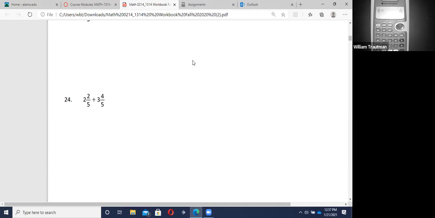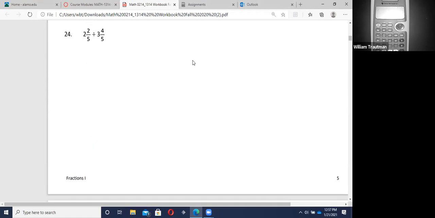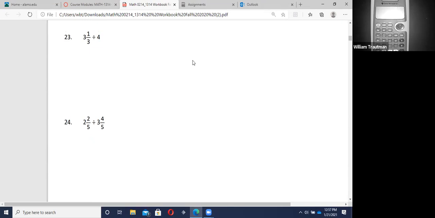All right, let's try the last one in this section, number 24. I'm going to put this in on my calculator. So you have to type in a mixed number.